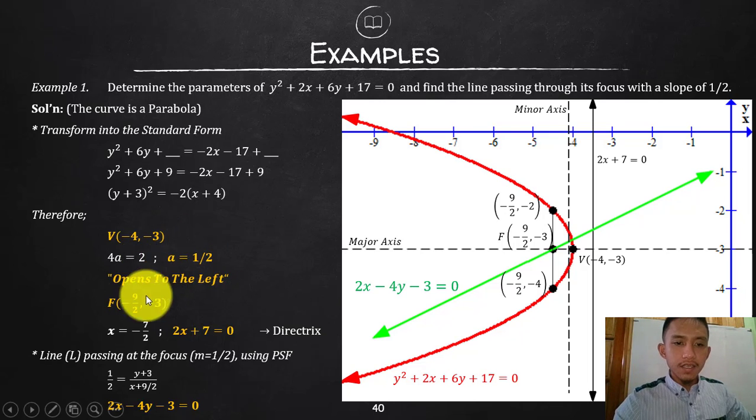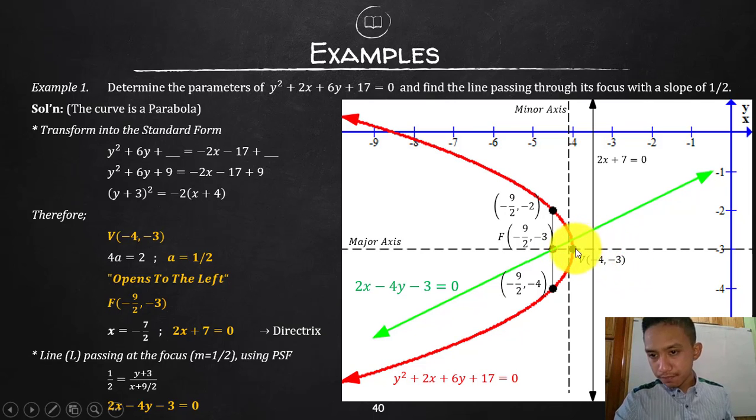So that's it. And then maybe you need the equation of your directrix. If you draw that one, it is just a vertical line, which is at a distance a from the vertex. So if your vertex is at negative 4, 3, that line is passing at negative 4, subtract your 1 half. Okay, by the way, sorry, a while ago.